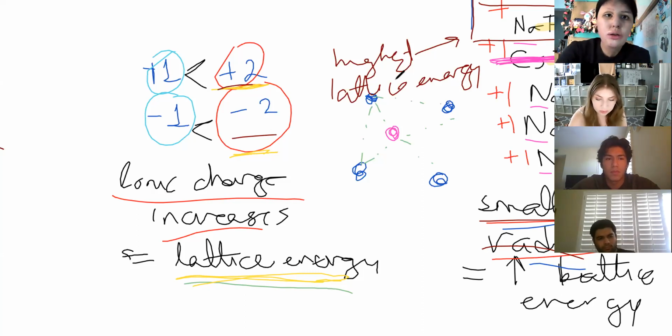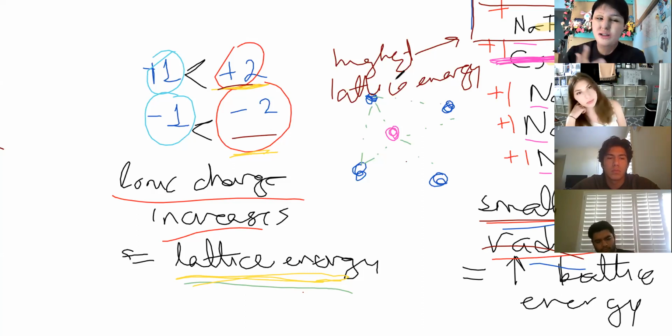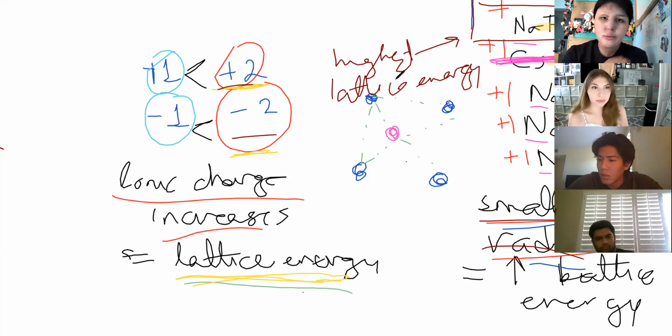Another thing with the charges is that you can multiply the charges of the anion and the cation, and that will help you find out which one is going to have the largest lattice energy.